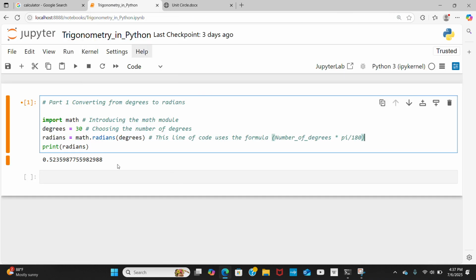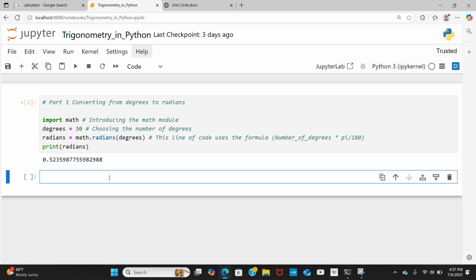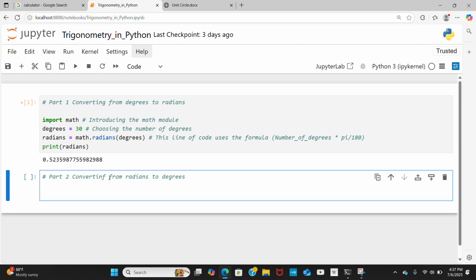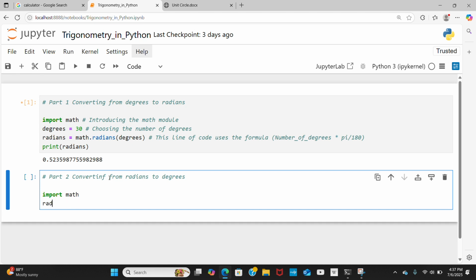Now another way to check your work is to take this and do it in reverse. Convert from radians to degrees. So we're going to have part 2, converting from radians to degrees. I'm going to import my math module so I can do my mathematical functions. I'm going to choose the number of radians and set it equal to that number.